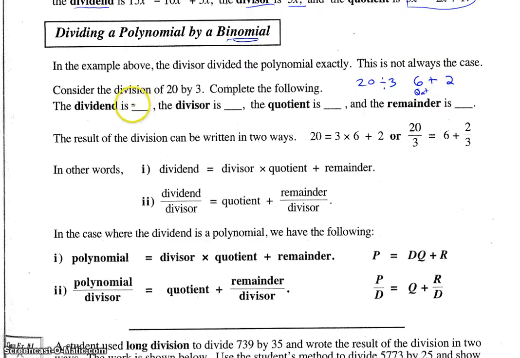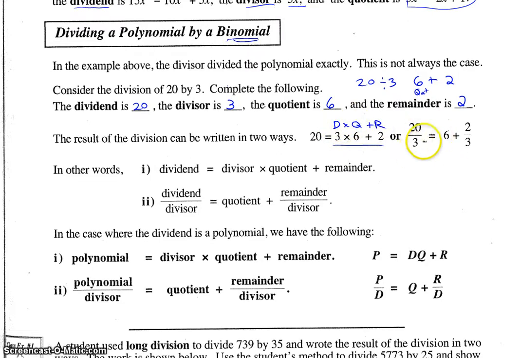So the dividend is 20. The divisor, what we're dividing by, is 3. The quotient is 6, how many times it went in, with a remainder of 2, because 6 times 3 is 18. How many more to get to 20? That would be 2. And they've written that down here. So 20 is equal to 3, the divisor, times the quotient, plus the remainder.